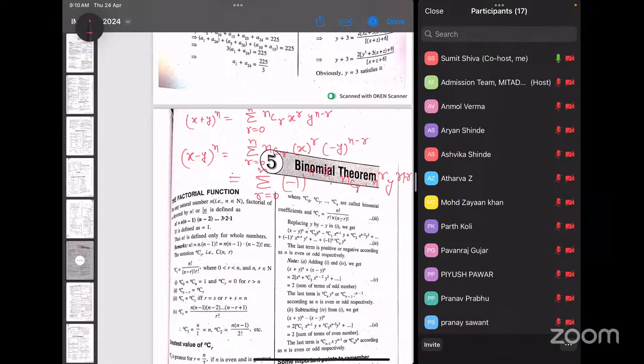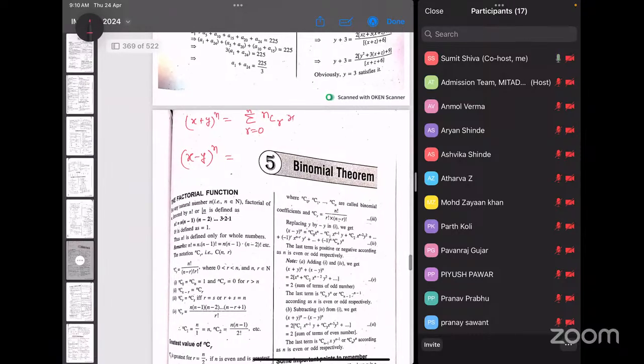To understand it better, I should write it in this way. Let's say (x + y)^n is equal to summation nCr x^(n minus r) y^r. In that case, this will be far easier. r equals 0 to n. This time it will be (minus 1)^r nCr x^(n minus r) y^r.